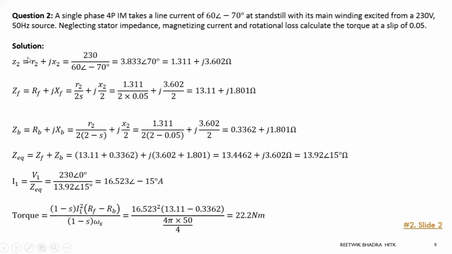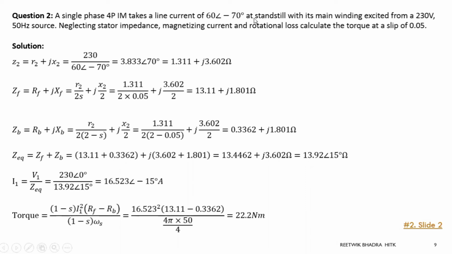Everything is written in the question. Just think what is in the load. It was R2 by S, right? And X2. So R2 by S plus Jx2 is nothing but Z2. Hopefully everybody has understood: R2 by S plus Jx2.